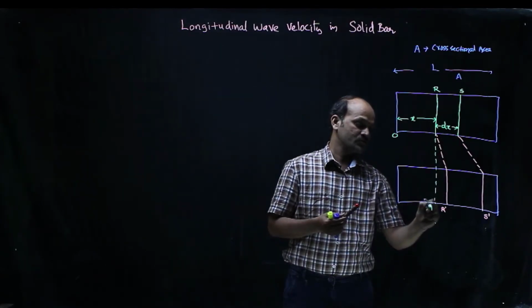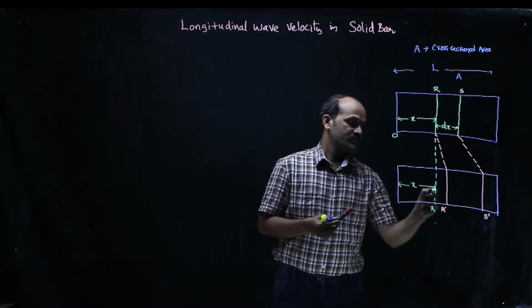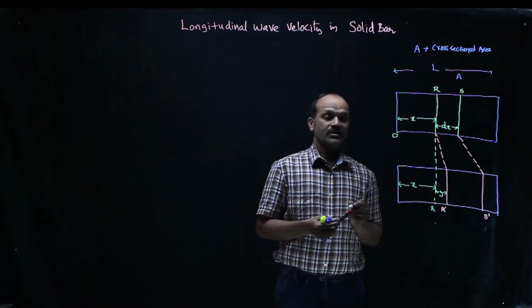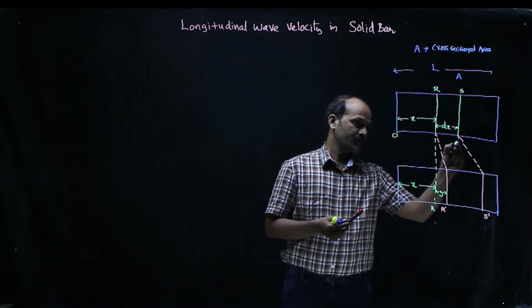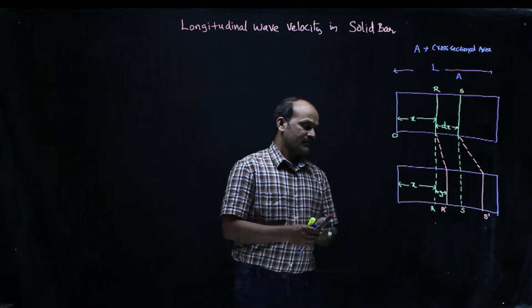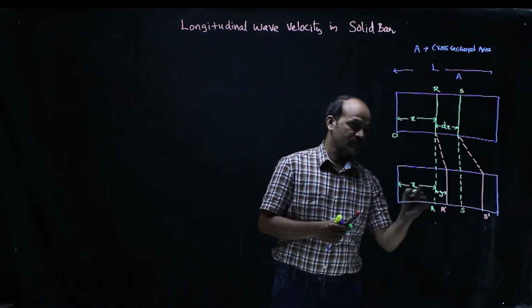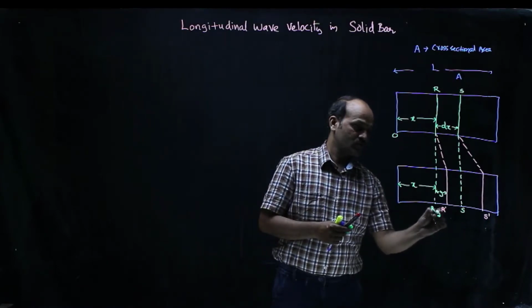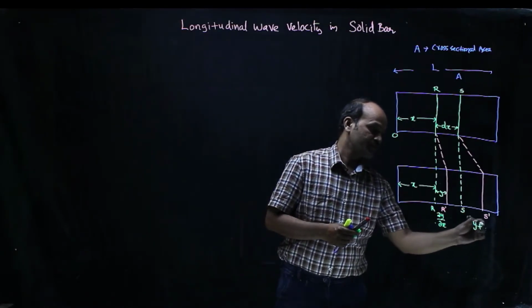This is the initial position of R, and it is x distance from O. Say it has displaced y, and this is the initial position of S. See here, with respect to x, the rate of change of displacement of R with respect to x is dou y by dou x. If it is dou y by dou x, then the S dash displacement will become y plus dou y by dou x into dx.